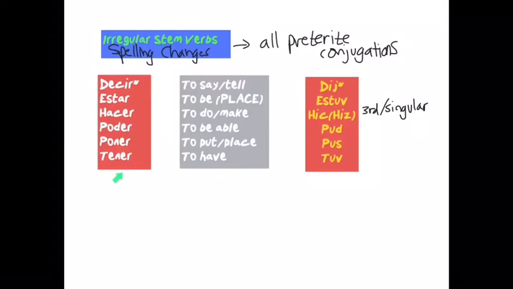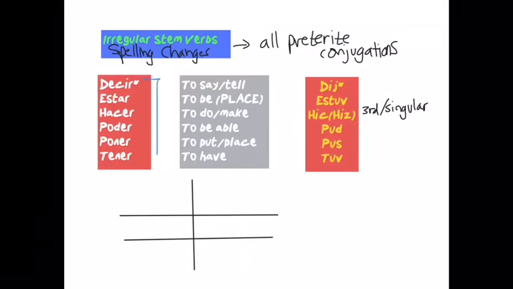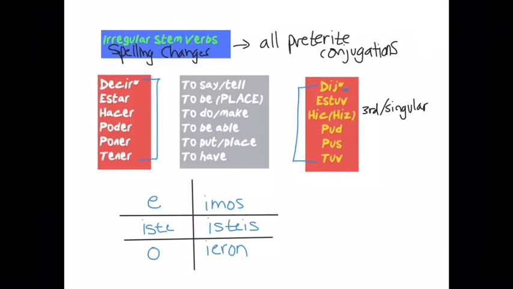Those are their new stems for their conjugations. So every single conjugation needs to use that new stem, and we need to memorize that these happen in the preterite. So let's take a look at some conjugations and how these are going to work. Now, although these are irregular, they're actually less work because after you memorize the new stems, all of these verbs right here use the exact same verb endings for their conjugations. So again, we memorize the new stems, and then those stems get combined with these endings: e, iste, o, imos, isteis, and ieron, except for the one with the asterisk, decir, and that's going to use eron without the i.